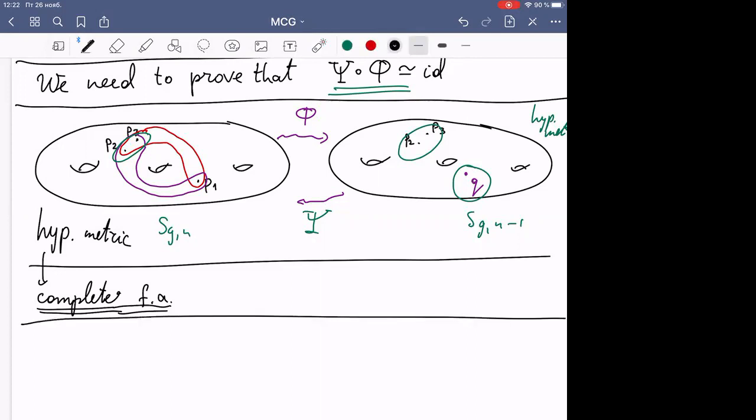So I do not want these two hyperbolic metrics to be somehow related to each other. It is not true. These are completely different metrics. But at the moment, it is convenient to me to have a finite area complete hyperbolic metric here.